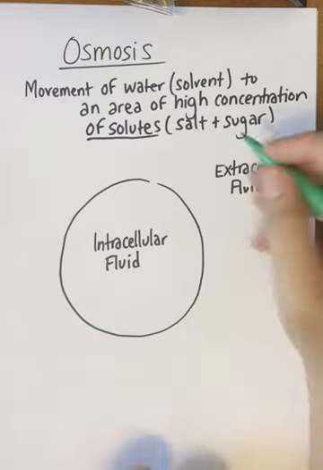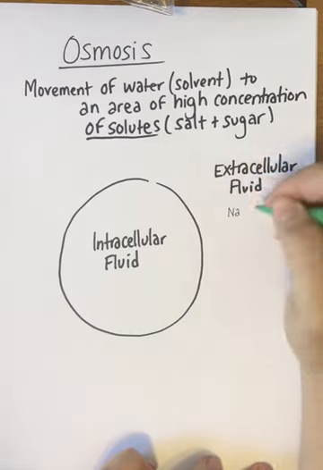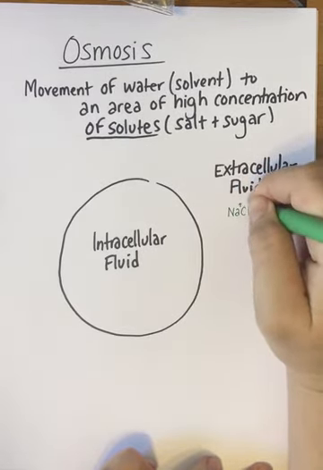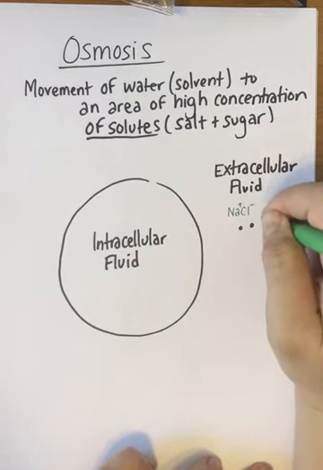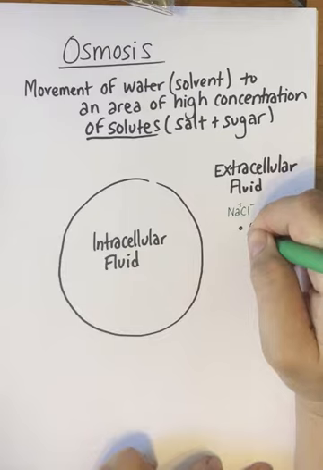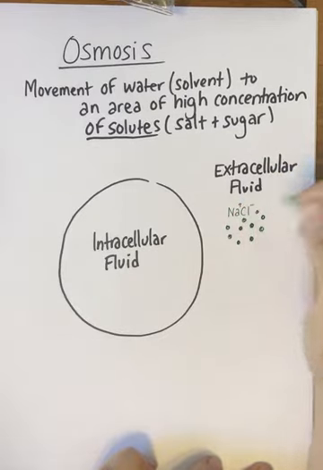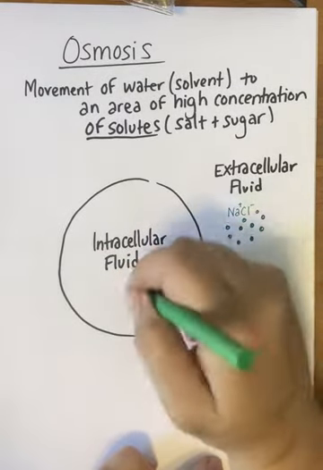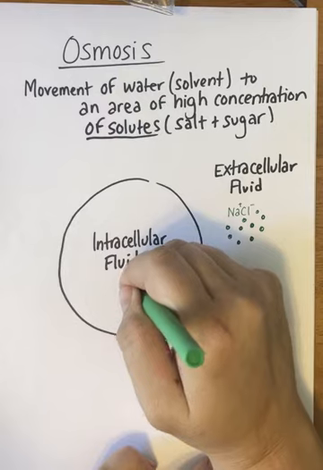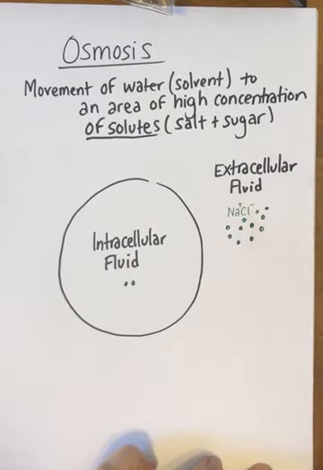In the extracellular fluid, we have NaCl, that's salt, which we're going to draw as little dots. Dissolved in our extracellular fluid, we're going to have sodium chloride. Now we compare the amount of sodium chloride on the inside. Sometimes sodium moves on the inside, but it is more abundant on the outside most often.